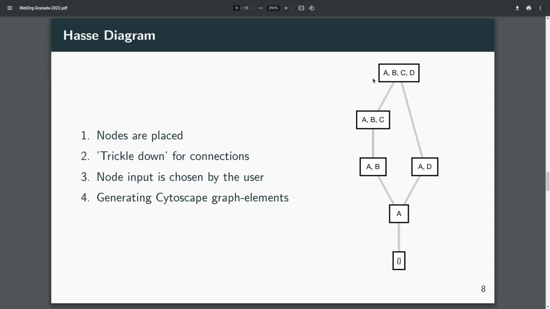And then when they are all placed, we apply a trickle down algorithm. That's how I call it. I will start at the top and then draw edges to the layer below, which fits in this set.